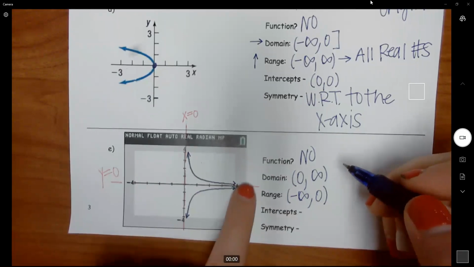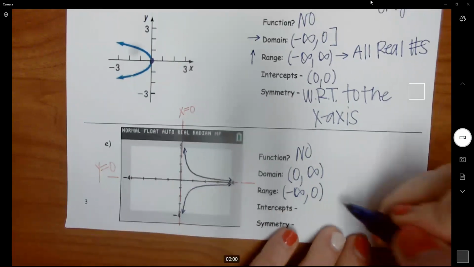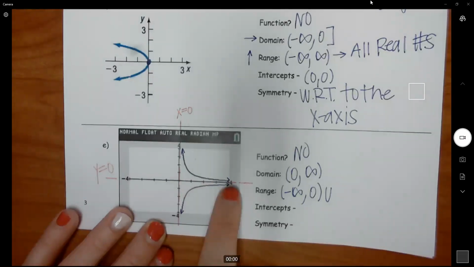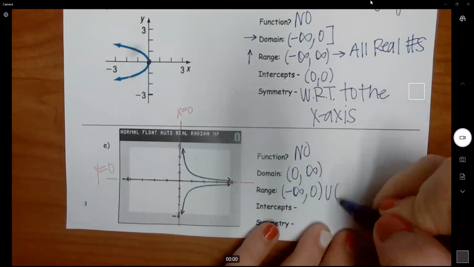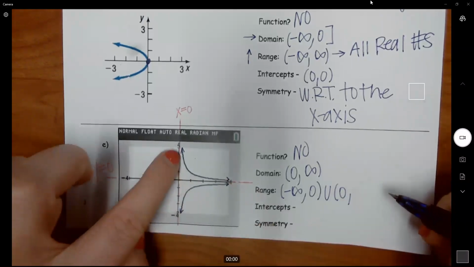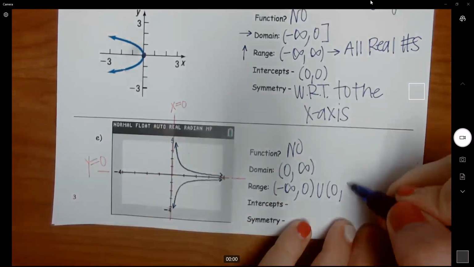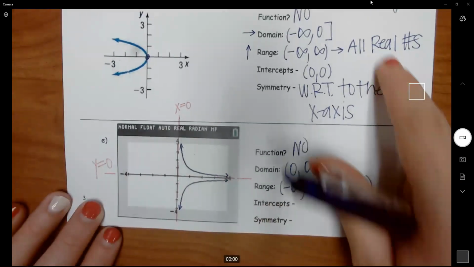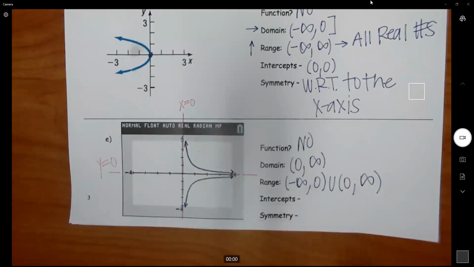It will never cross that. It takes a break, and then it's going to jump up here. So union. And then from here to here, this arrow means it's going to approach 0 from the positive side. So we've got 0 here, and then it's going to keep going up forever for infinity. So basically your range is almost all real numbers. It just doesn't include 0.